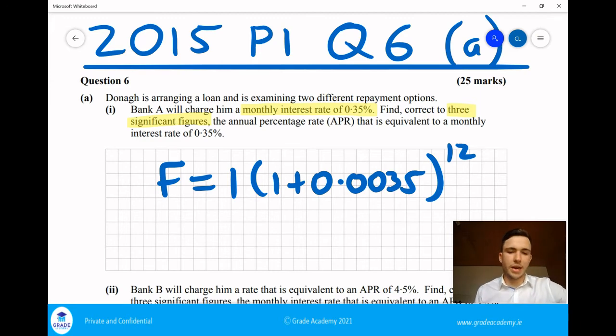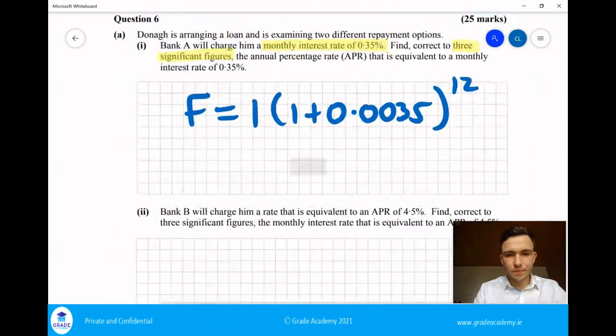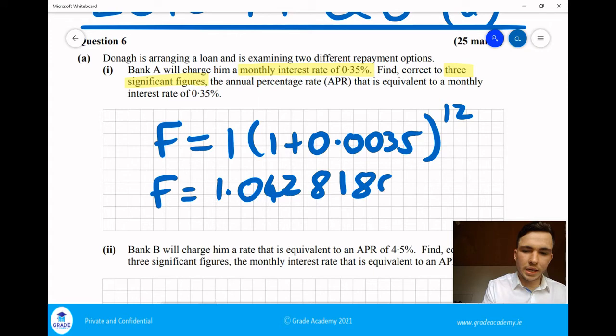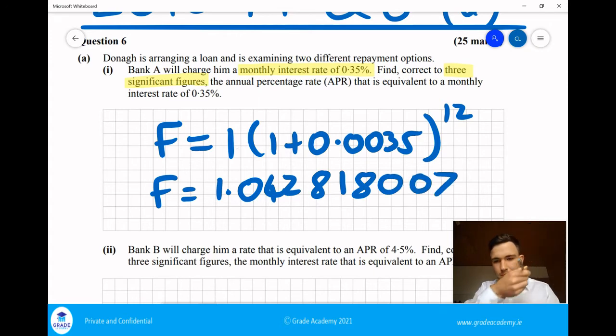And we can type that into our calculator and see what we get. F is equal to 1.0428180007.